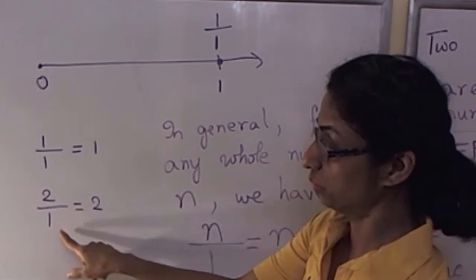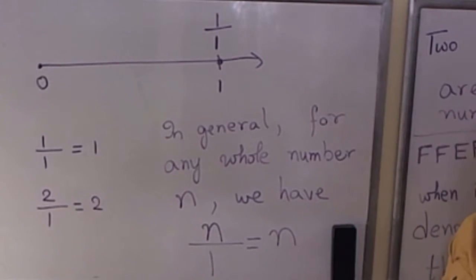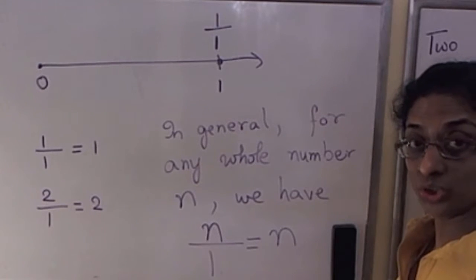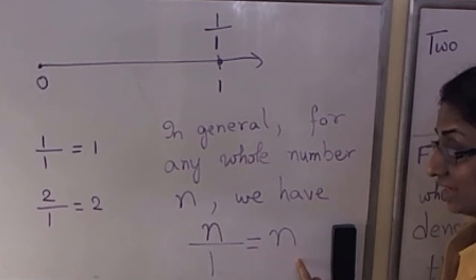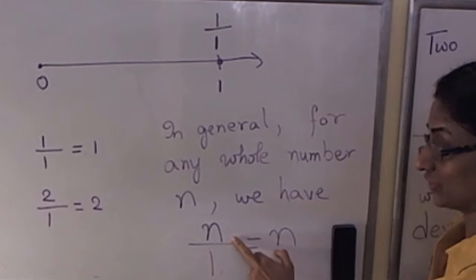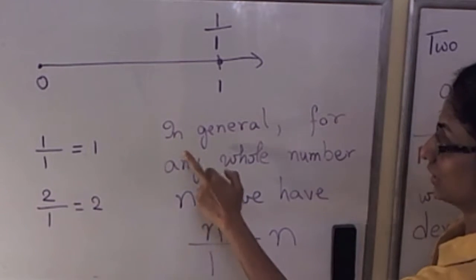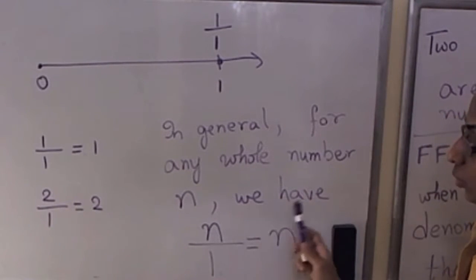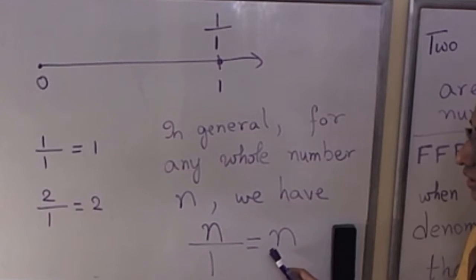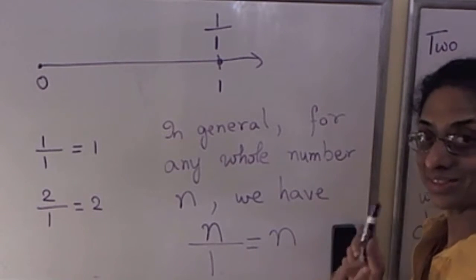Then you can say 2 over 1 equals 2, and now that we are getting familiar with using symbols, we can write n over 1 equals n, but remember we have to always say what this letter n means. So that's why I write, in general, for any whole number n, we have n over 1 equals n. So that's a quick review.